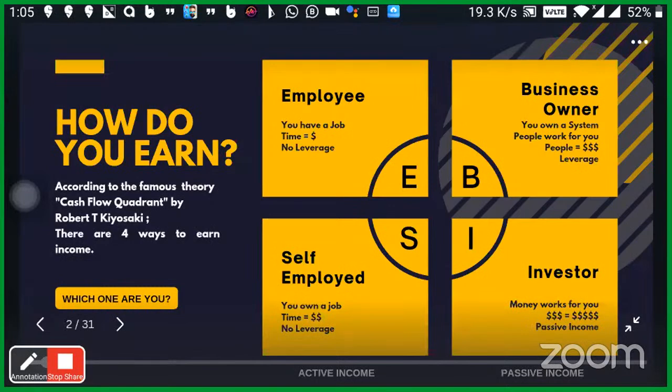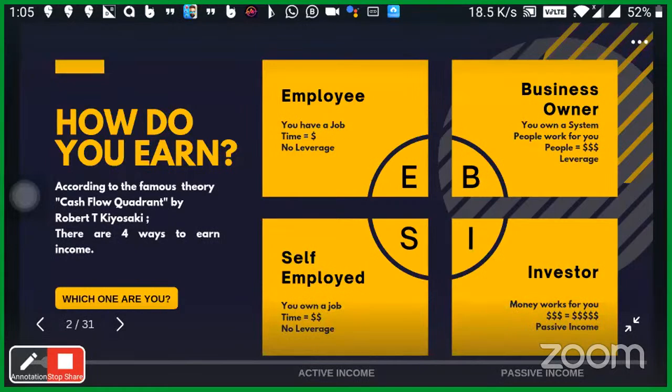But a rich person works to accumulate as many assets as he can. He wants to accumulate as many assets in his life so that he can enjoy a life of freedom.